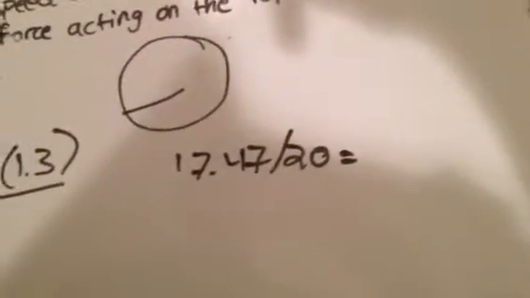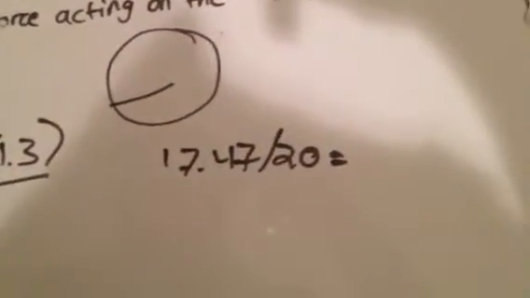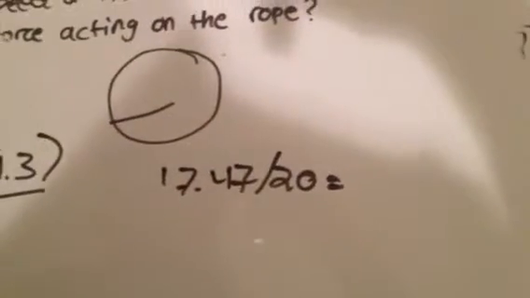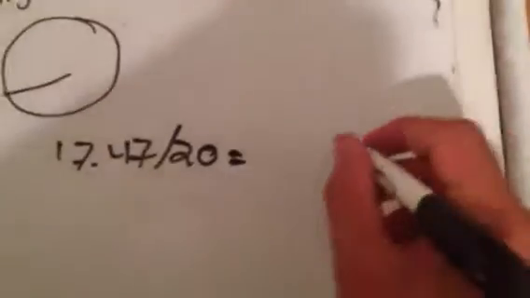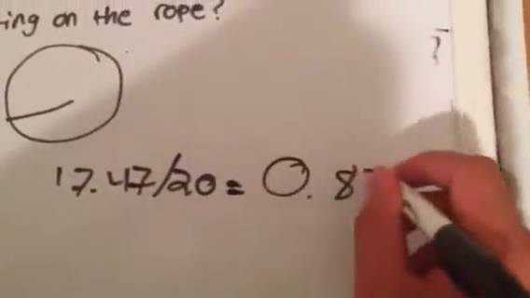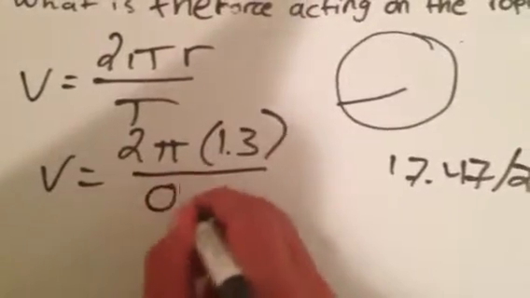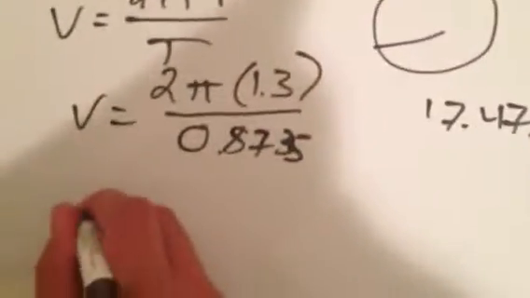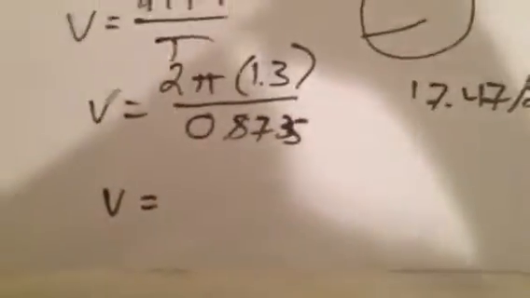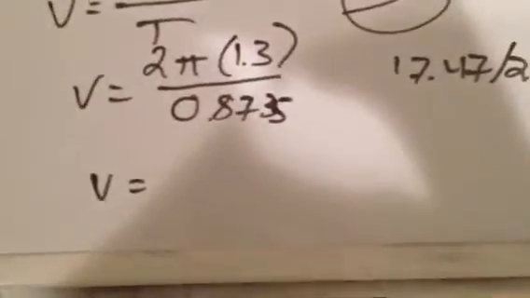So let's plug that into the calculator and see what we get. I get 0.8735. So big T is 0.8735, and we do another calculation and we will figure out what the velocity is, the speed of the stopper.